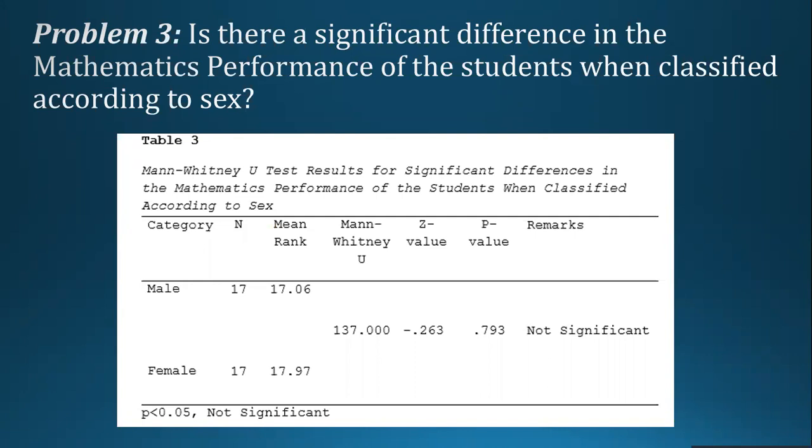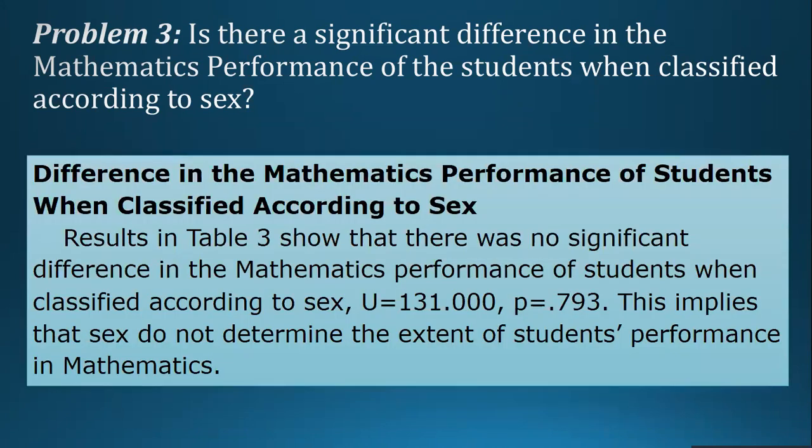We have the p-value of 0.793, which implies not significant because the value is greater than the level of significance, which is 0.05.